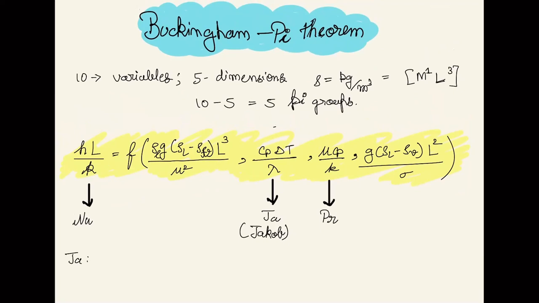Yeah, this particular thing over here is called Bond's number. And this one over here is something very similar to Grashof's number.